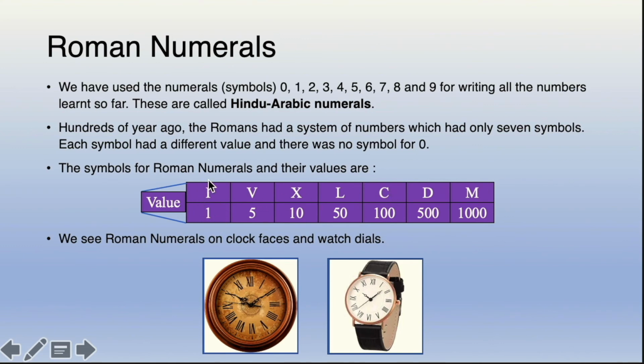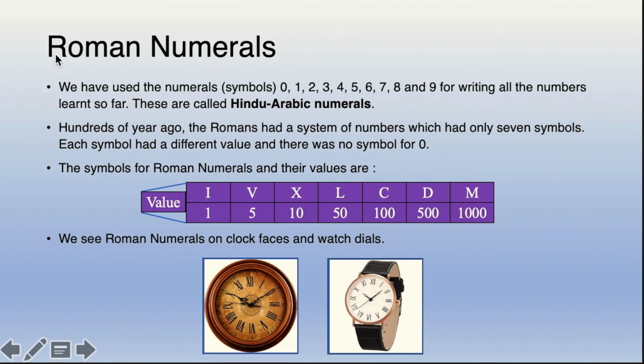And the value for I is 1. The value for this Roman symbol V is 5. Value for symbol X is 10. And for letter symbol L is 50 and so on.